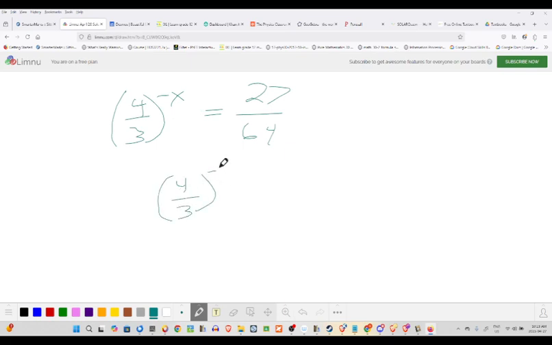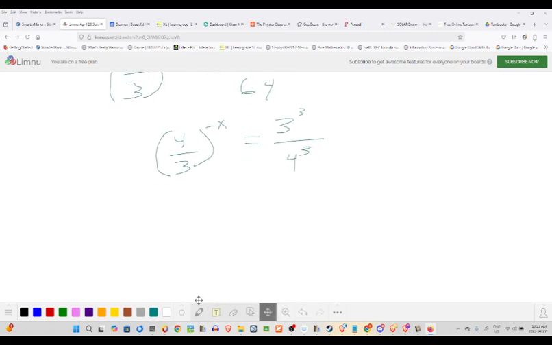Well, 27 is 3 cubed, and 64 is 4 cubed. So that's one step. If we bring in the negative here, deal with the negative part of that exponent, we reciprocate.